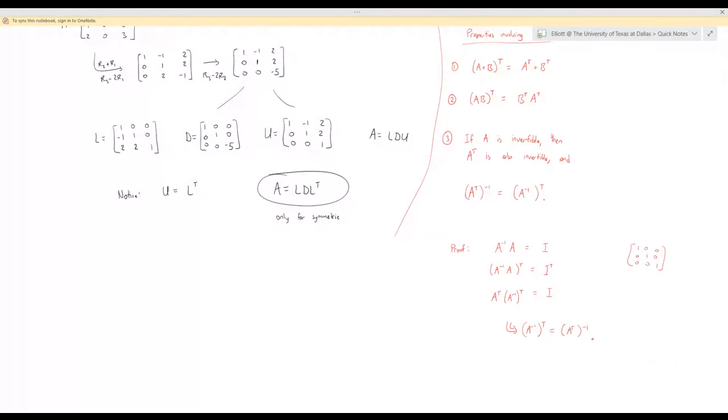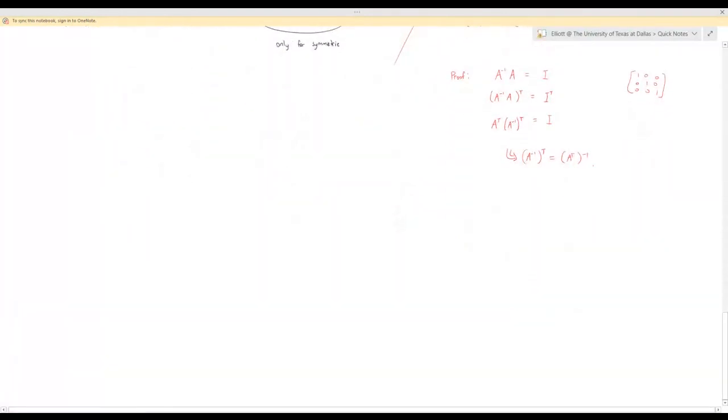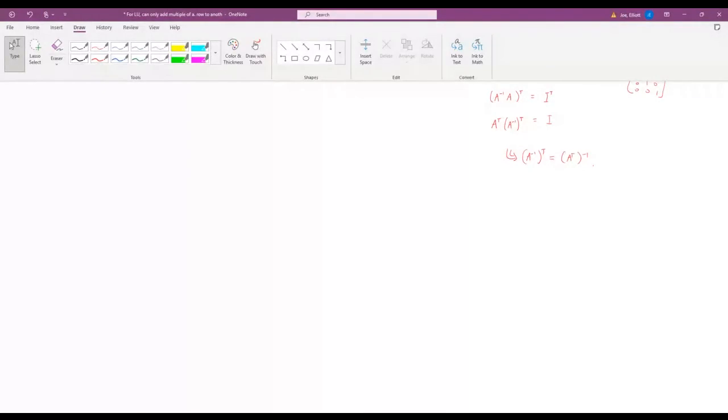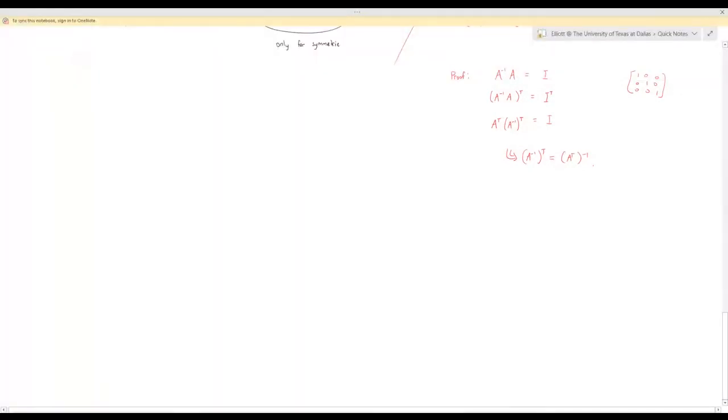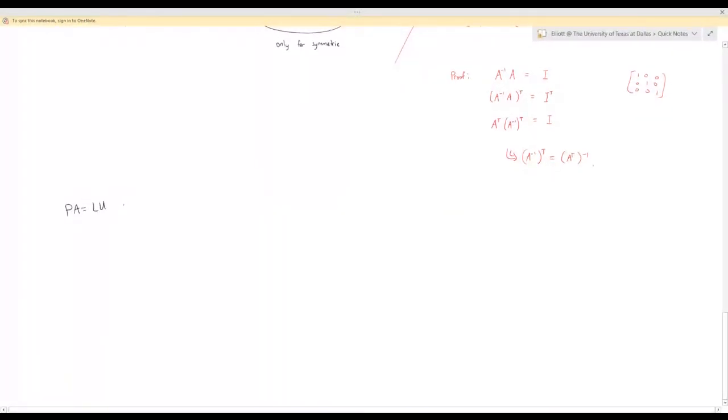Okay. So I'm going to end this review by talking about one more spin-off of the LU decomposition: the PA equals LU decomposition or factorization.